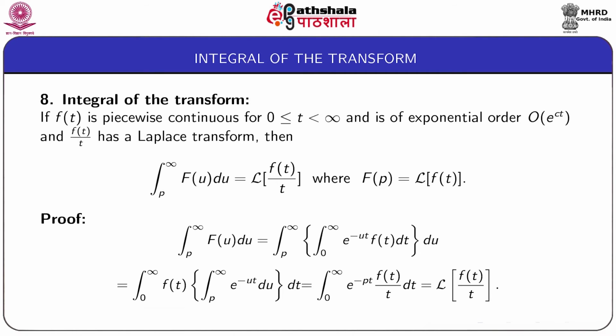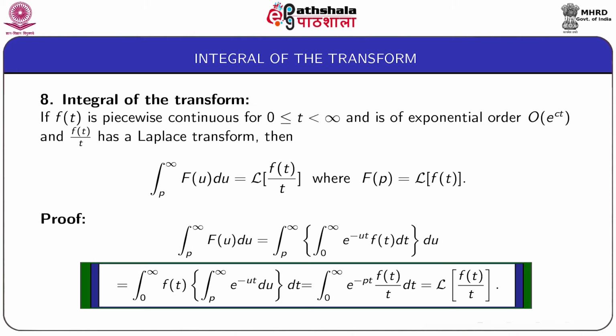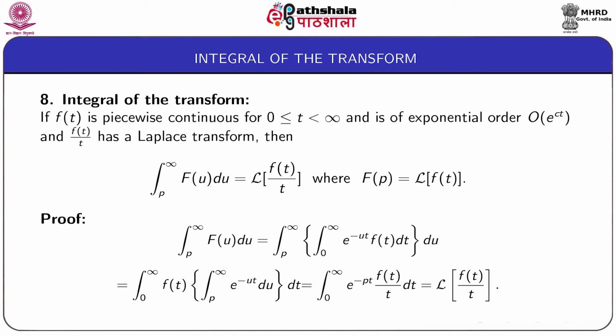So, we get 0 to infinity f(t) integral p to infinity e to the power minus ut du dt, and this is equal to the integral from 0 to infinity e to the power minus pt by t into f(t) dt, because the inner integral can be evaluated, and that finally gives the Laplace transform of f(t) by t.